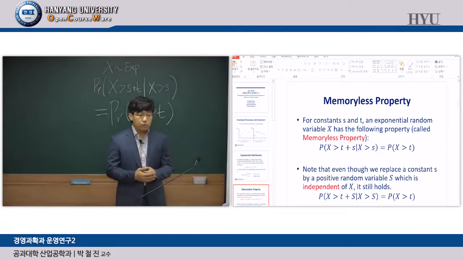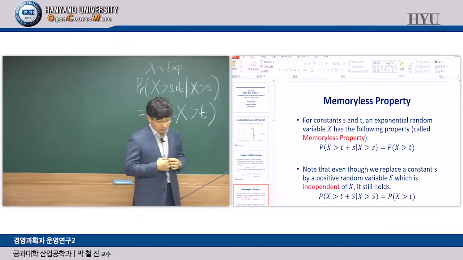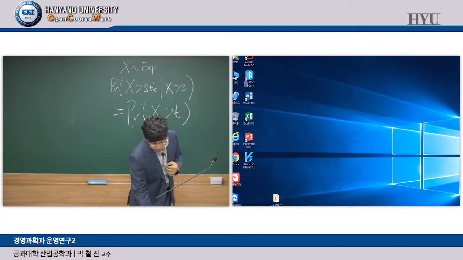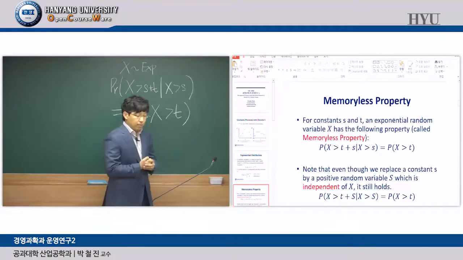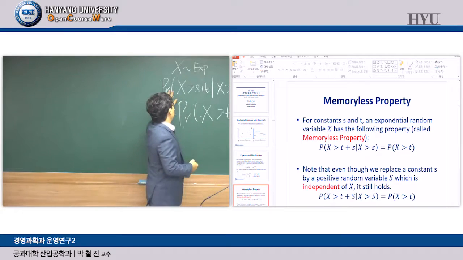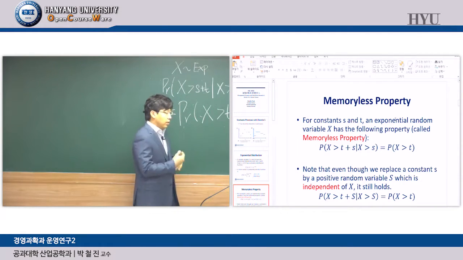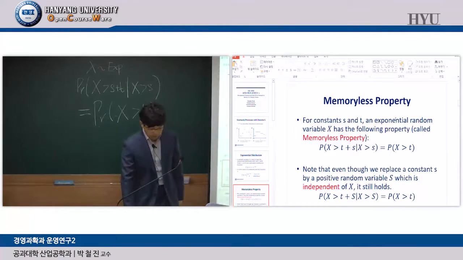So sometimes we need to calculate some probability regarding conditional probability, and as long as we know this relationship, we can easily find the result.